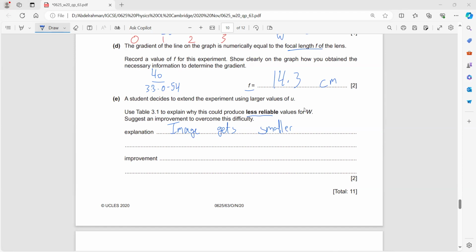So instead of finding a very small image, I can use a larger object. Whenever the image of this object becomes smaller, I can still measure it to a very high accuracy. So improvement: get a larger object.